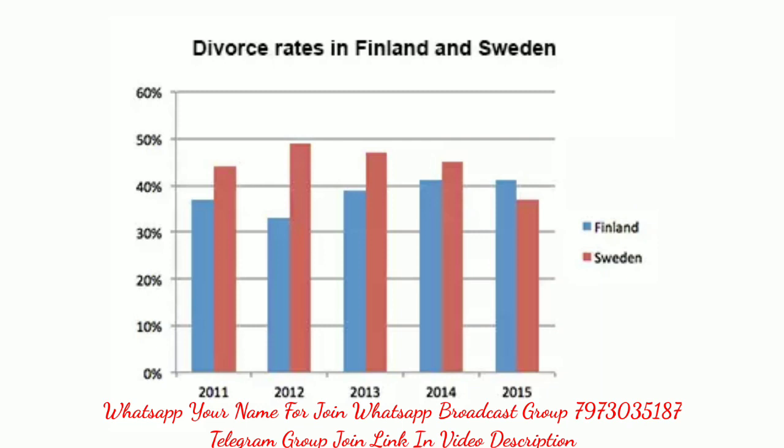It was only in 2015 that Finland's divorce rate was higher than Sweden's. These things are like a center of attraction in your IELTS Task 1 report. If you give such things in your Task 1 answer, then surely you are supposed to get a very good score.